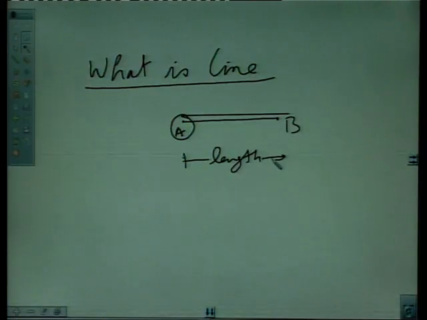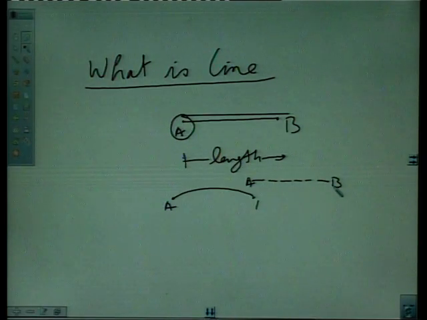So we can get line by joining 2 points, and this line can be straight or this line can be like this also. This is point A, this is point B. Line can be straight, curved, or even dotted. And line has some length, and sometimes it has direction also.